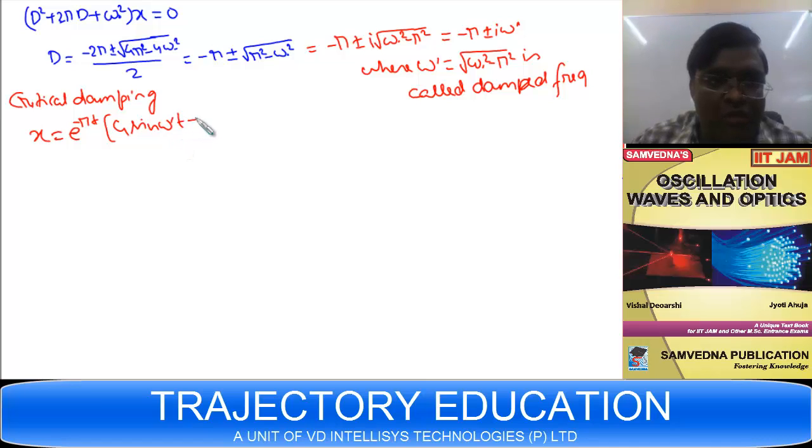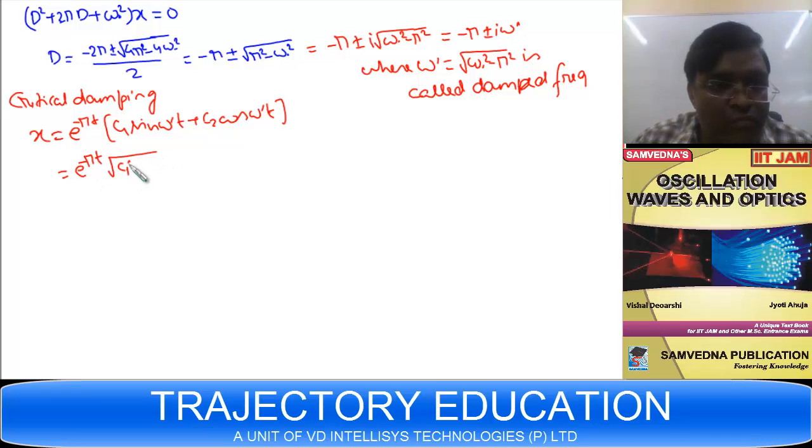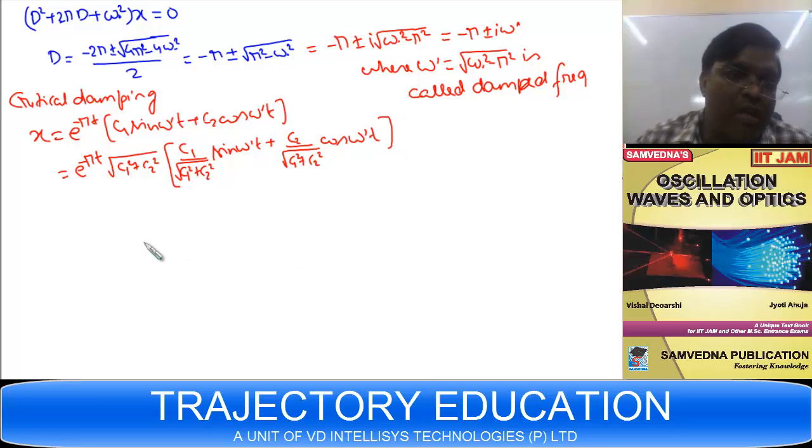This is C2 cos omega dash t. So this is equal to C1 upon C2 cos omega dash t.